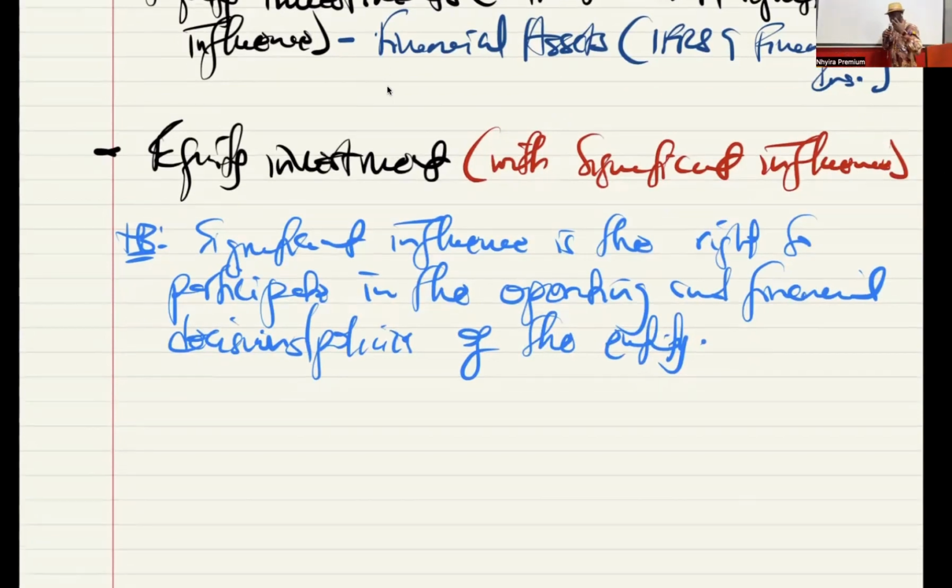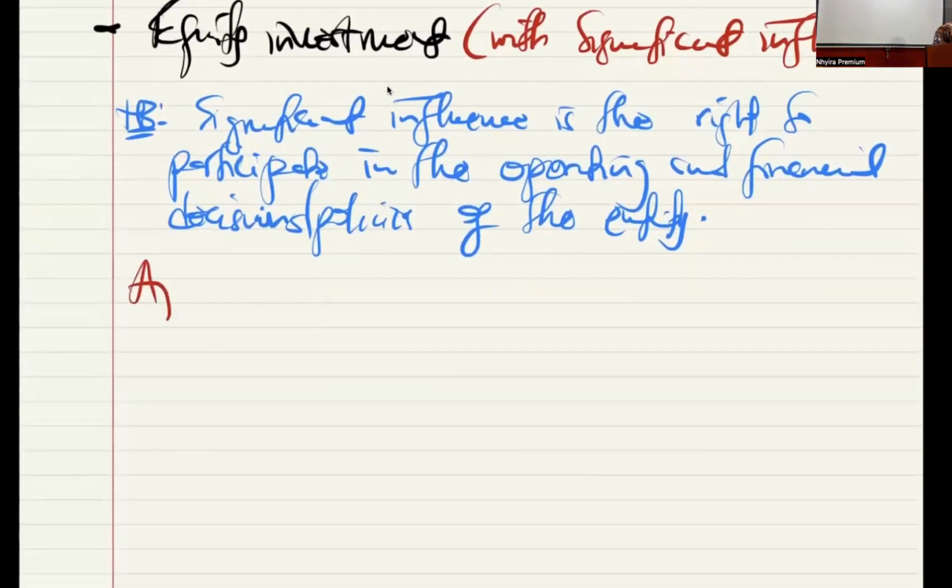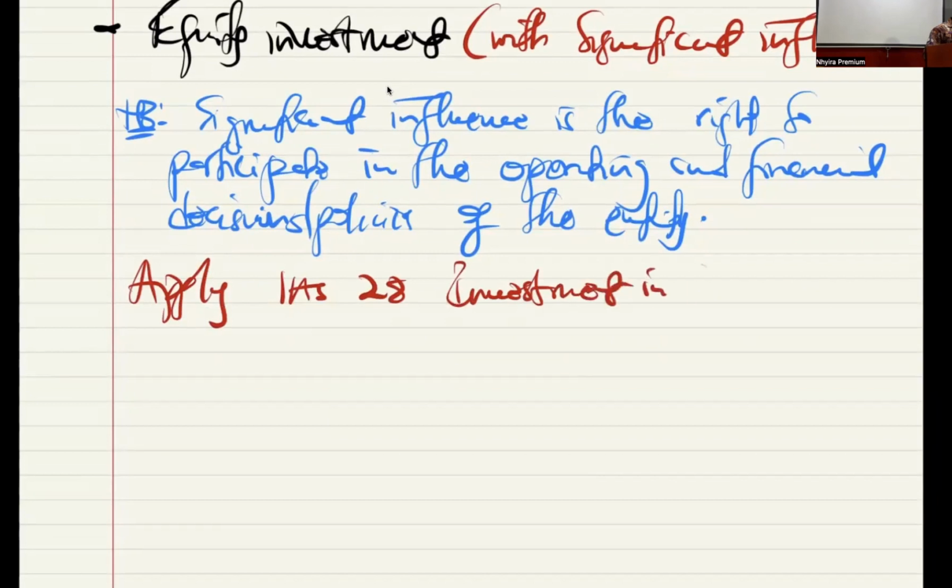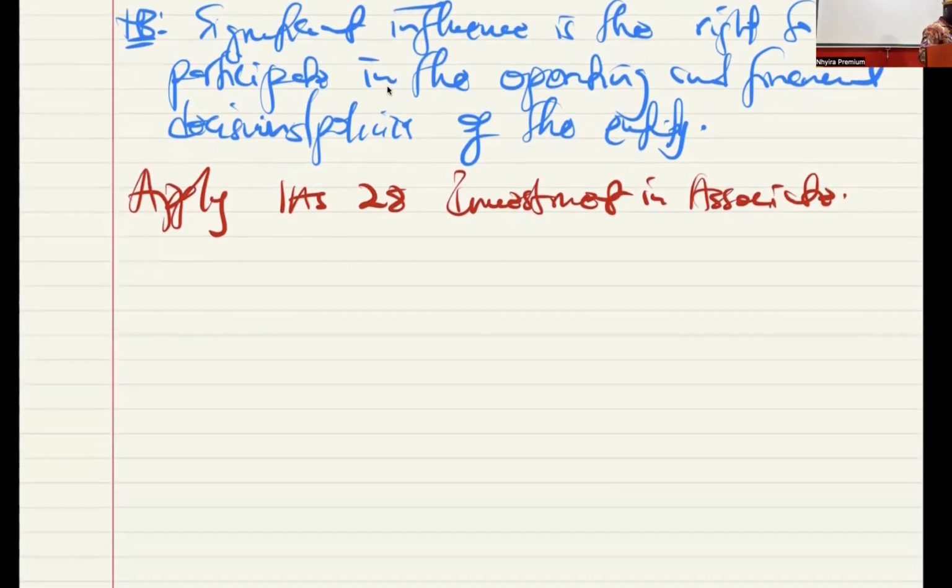If the entity has significant influence, that means that we are going to be applying IAS 28, investment in associate, and usually we're going to be carrying the asset in the books of the investor using equity accounting.